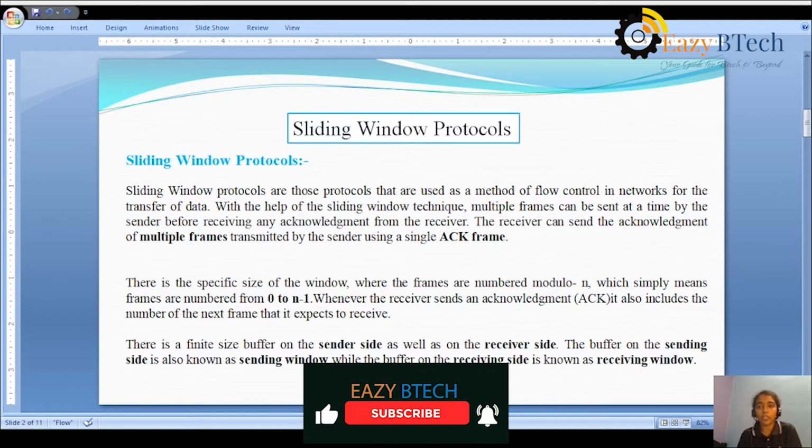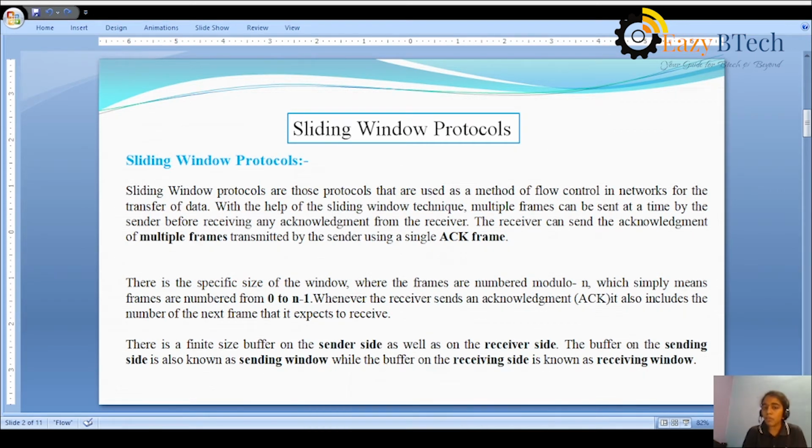Whenever I want to send multiple frames from source to destination, I send those frames to the destination, and the receiver gives only one acknowledgement frame for these multiple frames.